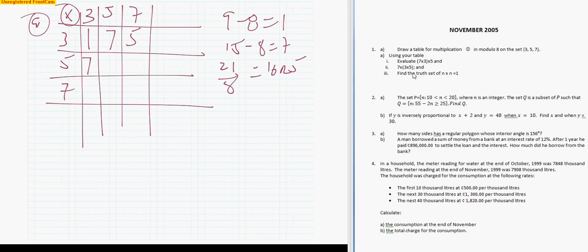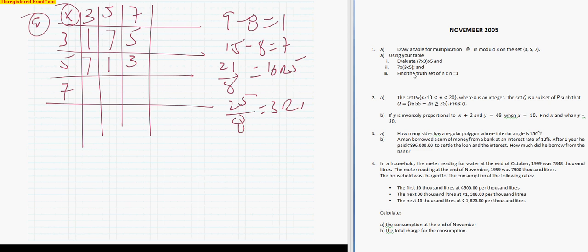Now 5 times 5 is equal to 25. 25 in modulo 8 is 1, because 25 divided by 8, you will get 3, which is 24, remainder 1. So this is 1. And 5 times 7 is 35. You go through the process, you get 3. I'm going to use the same method. So I want you to be able to just complete the table like that.